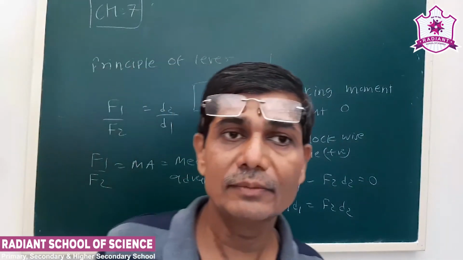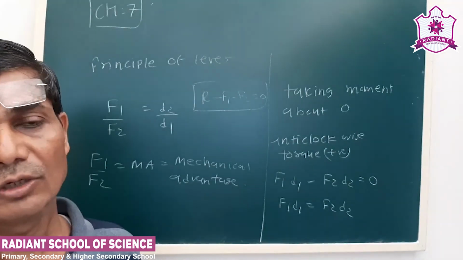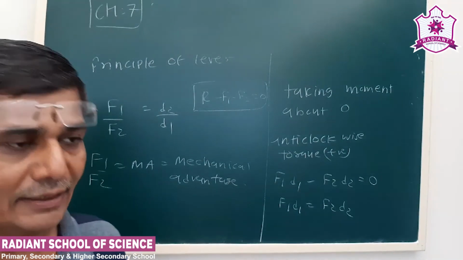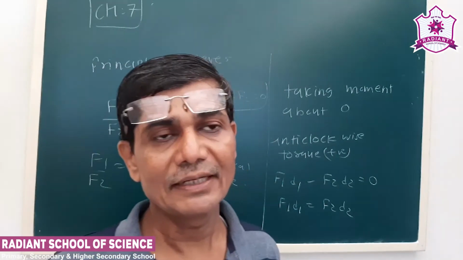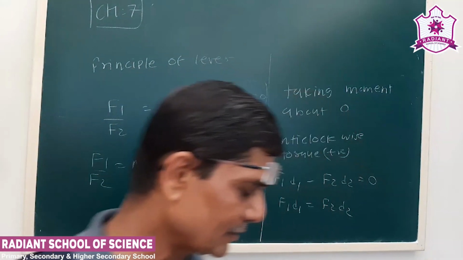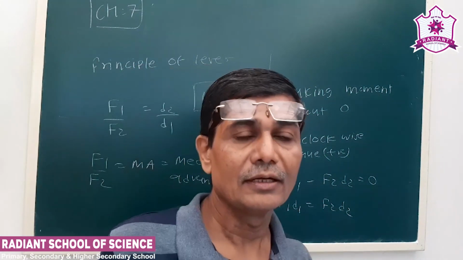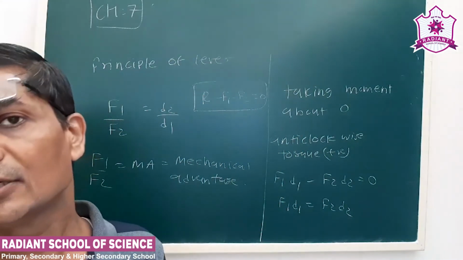So most of the theory part of this lesson number 7 is over. Next time we will take the remaining examples, and then we will move to the exercise numericals. Today we discussed torque, work done by torque.